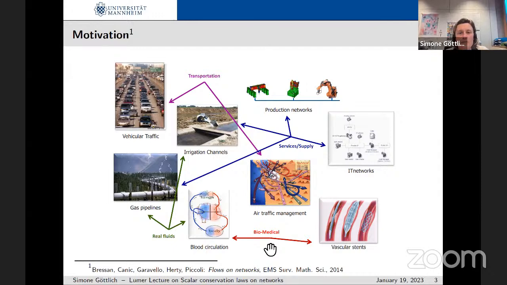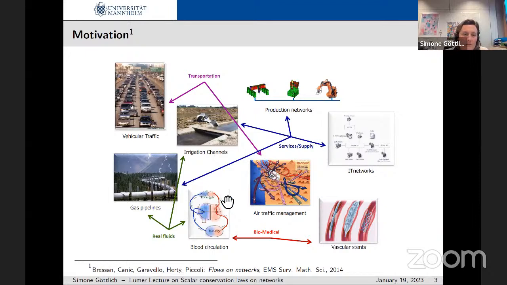If we pick one of these pictures, you probably have a clear picture in mind of what's behind it. Think of gas pipelines, interconnected pipes where some gas is flowing through, or irrigation channels, water canals, for example, where water flows and is divided into several other channels again. Or production networks, where several steps have to be performed during a production process so that the goods are delivered to the customers.